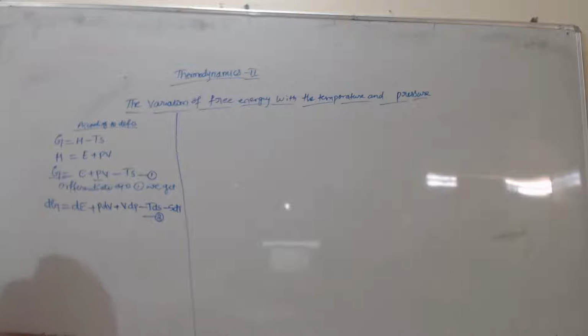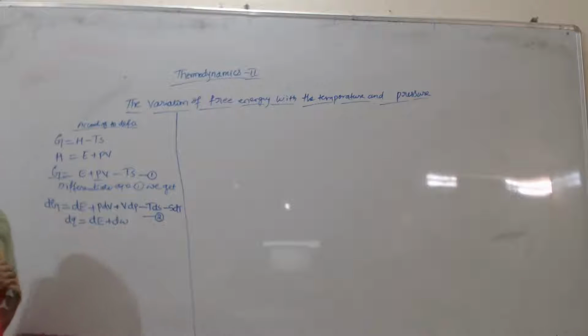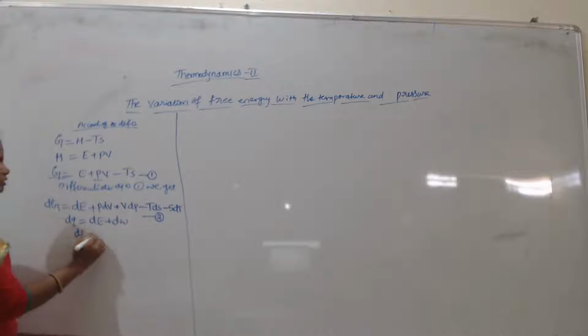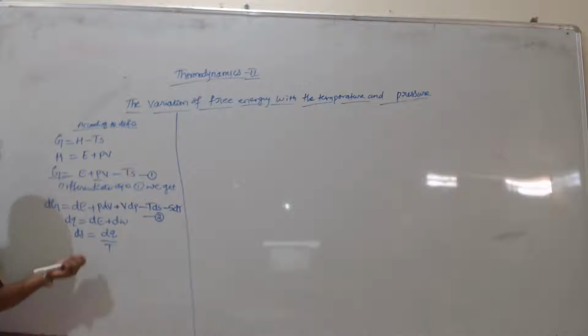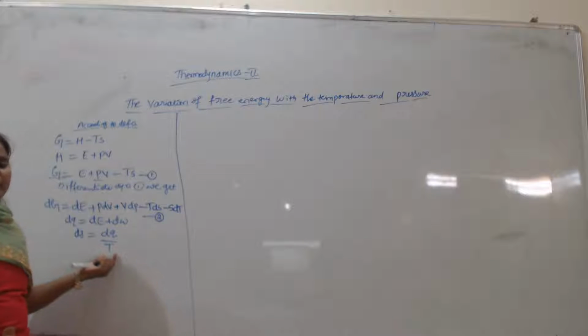Next, for an infinitesimal reversible process we have dq is equal to dE plus dw. And dS is equal to dq by T, which is the entropy.